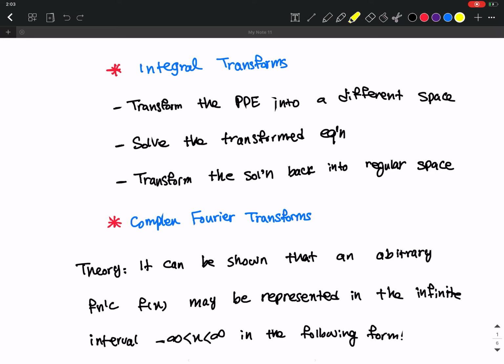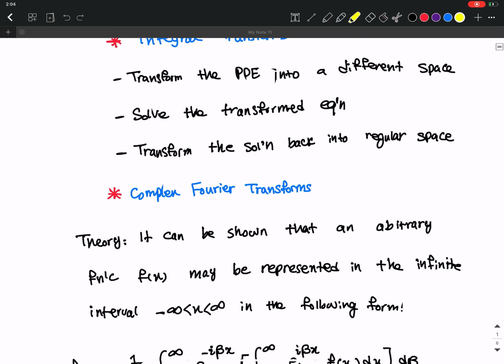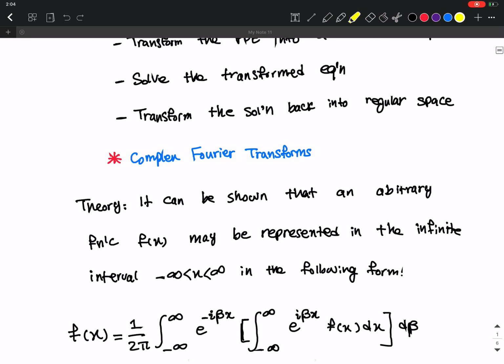And then we solve the transformed equation in that space, because those transforms are going to simplify our equations in the transformed form. And then we transform the solution back into the regular space, so we have kind of solved our PDE. Okay, so this is the basis and the reason why we are using these integral transforms.